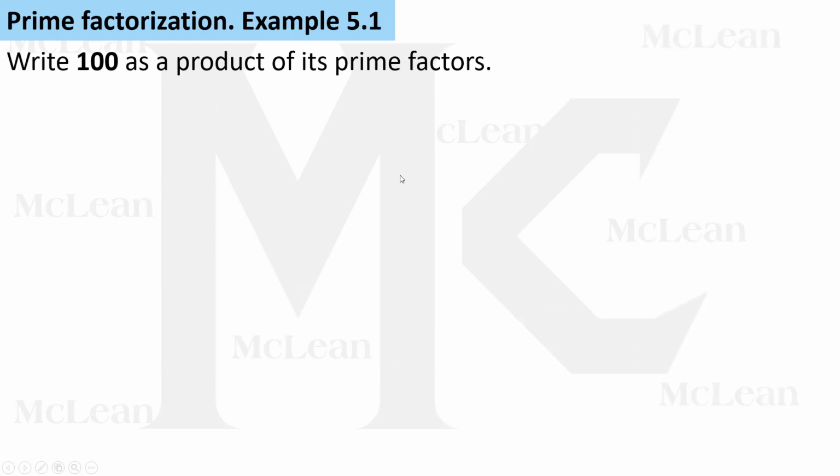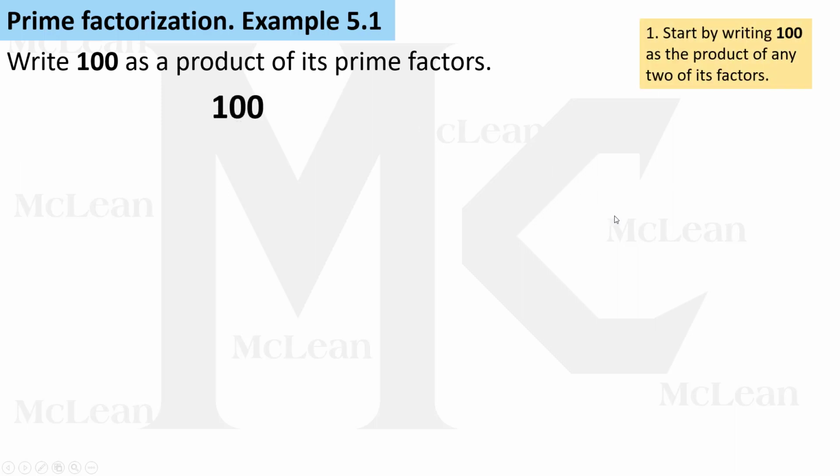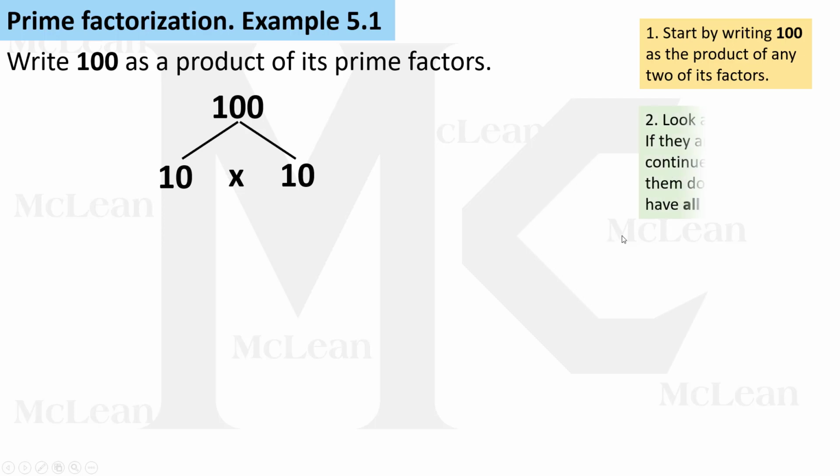Example 5.1. Write 100 as a product of its prime factors using different numbers at the beginning: 10 times 10. We could have gone that way before, but I'm showing you how using different products, different two factors, can give you the same answer. So 10 times 10 is 100.